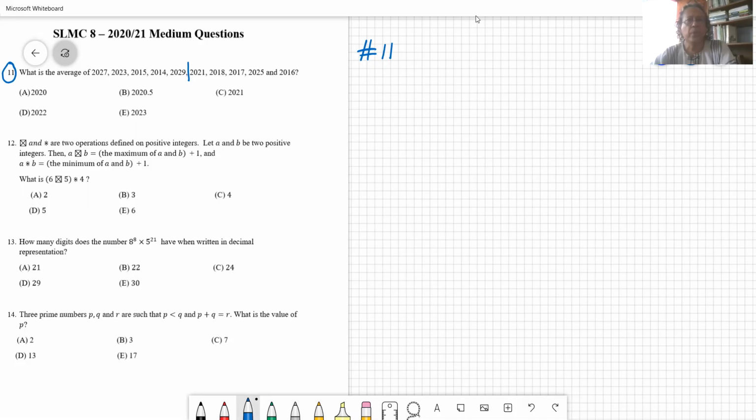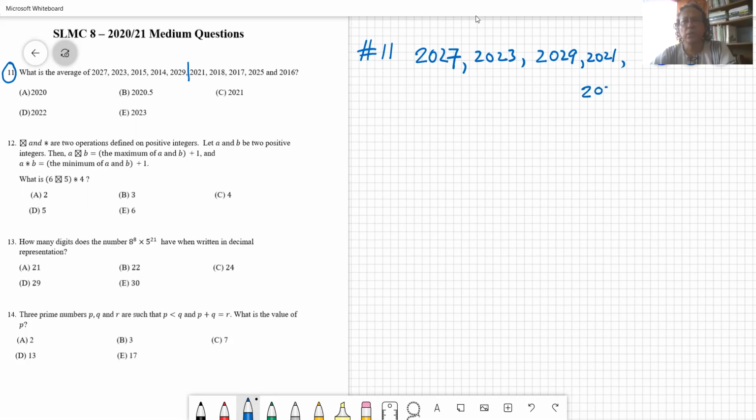So the numbers, let's see, 2027 and 2023 and 2029 and 2021 and 2025.